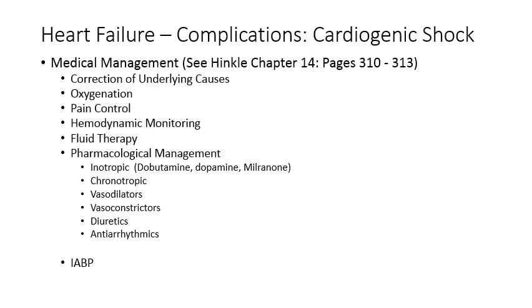Again, medical management, we've talked about a little bit of this already. Oxygen, pain control. These patients may need a Swan-Ganz pulmonary artery catheter put in place so we can monitor hemodynamically. They may need fluid therapy, or they may need basically fluid pulled off.